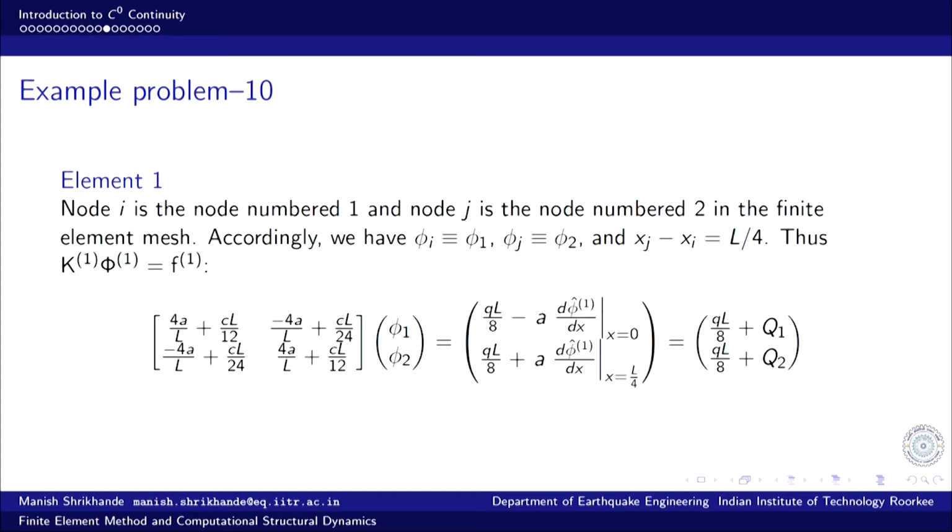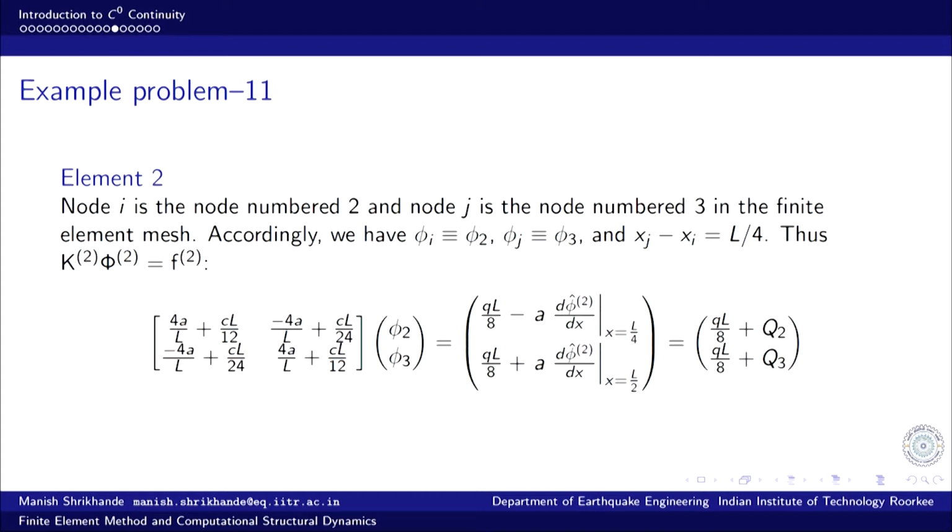So, increment the element counter from 1 to 2 and we get a similar set of equations. Now, all that has changed is the interpretation of node I. For element number 2, the left hand side node I is node 2 in the mesh.